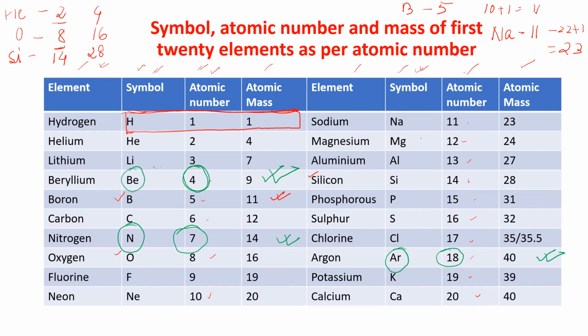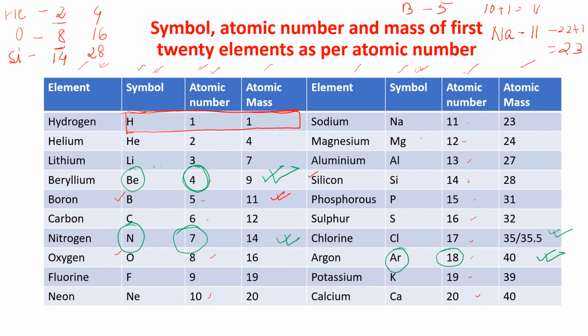Three exceptions are there. Now, see for the chlorine. Chlorine, 17 is the atomic number. So 17 twos are 34 plus 1, it should be 35. But we are writing it as 35.5.